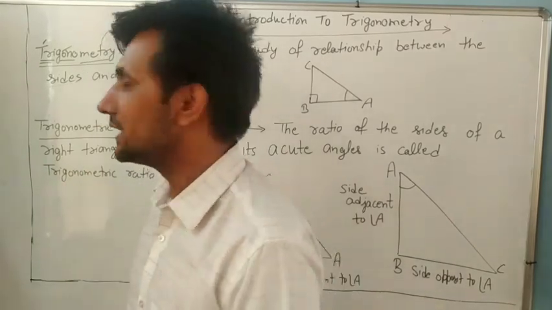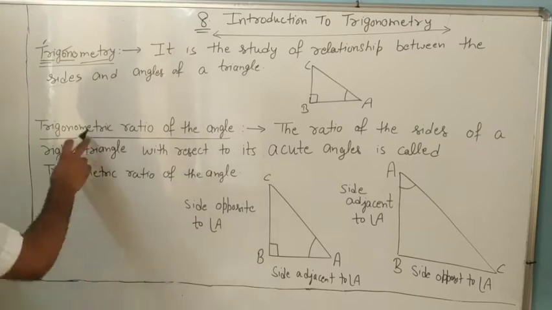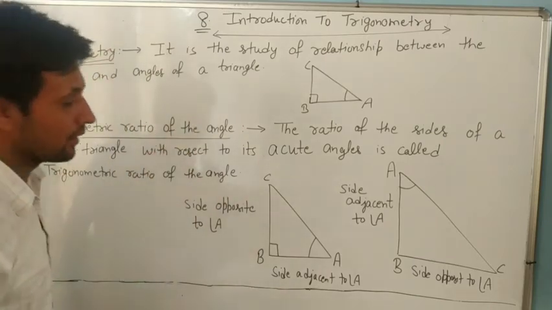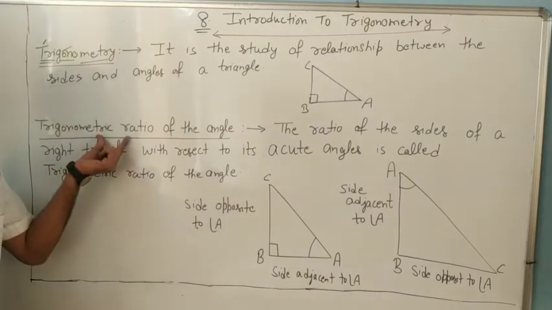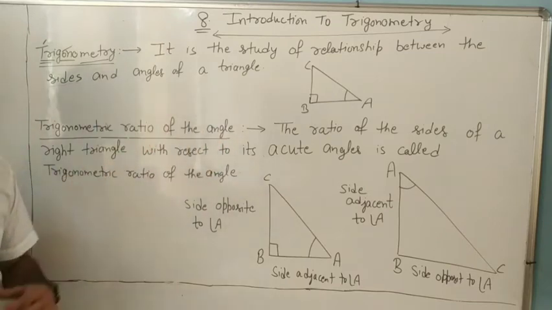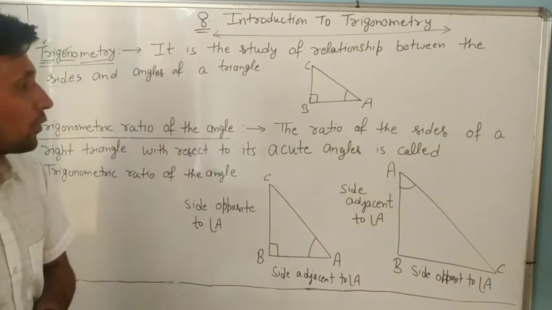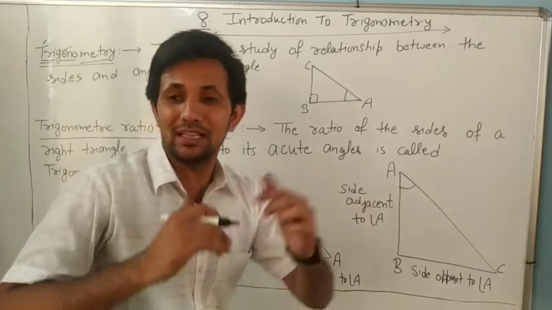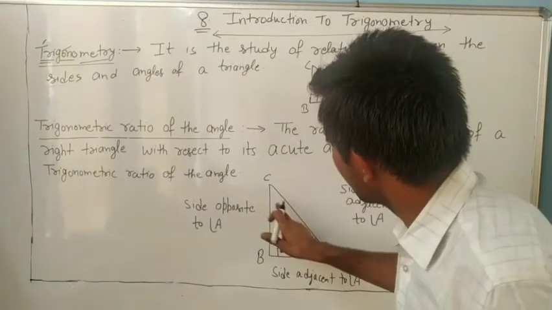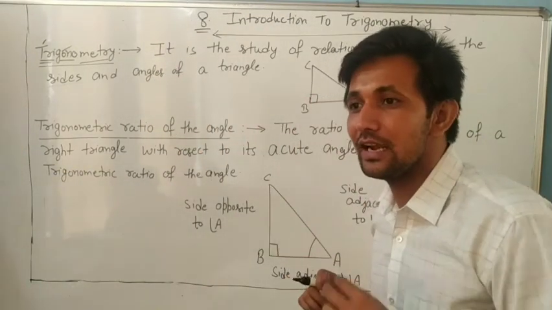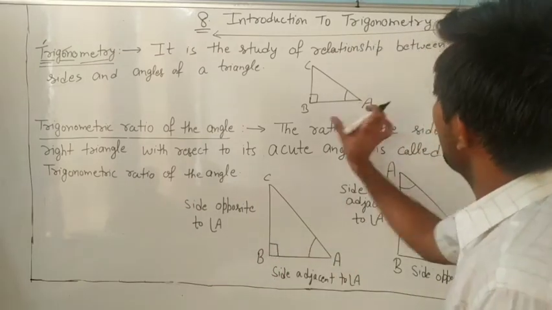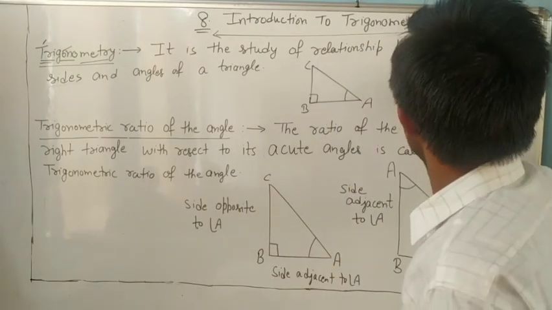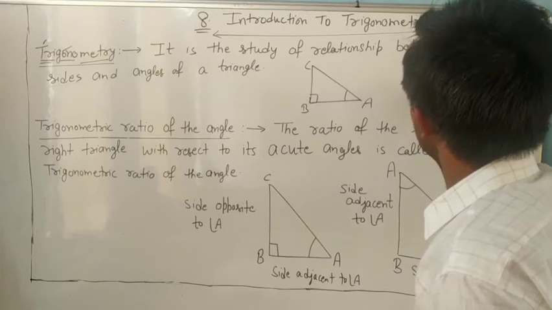Next, dear, trigonometric ratios of the angle. Ratio, everyone knows what a ratio is. We will look at the ratios of the sides, because in a triangle how many sides are there? Three sides. So their ratio, AB divided by BC. Is it a ratio or not?